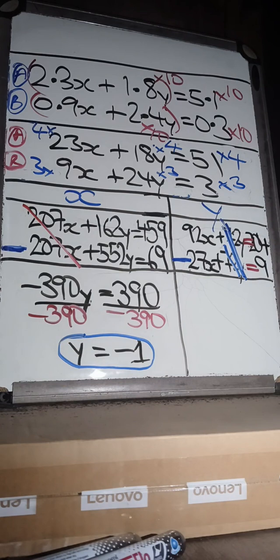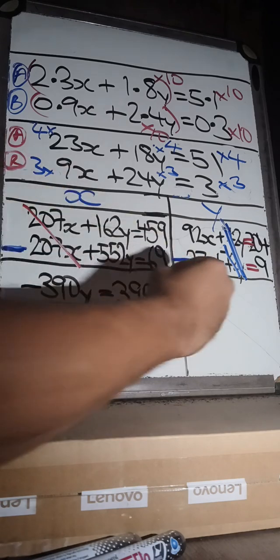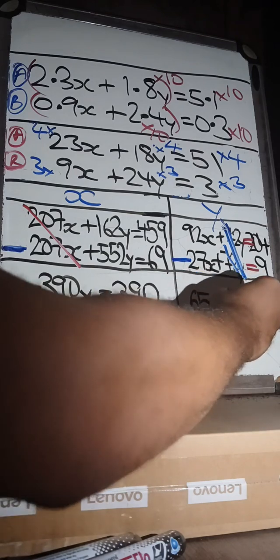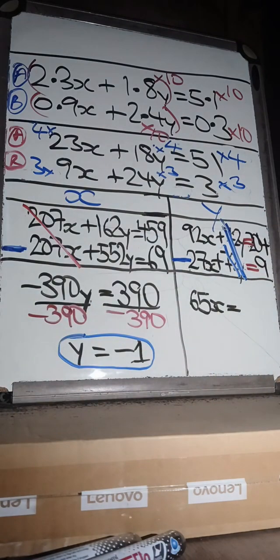Alright, so 92 minus 22 is 70, leaving us with 70 minus 5. 70 minus 5 is 65. We will have a 65x on this side. 204 minus 4, 200 minus 5. Well, that's 195.